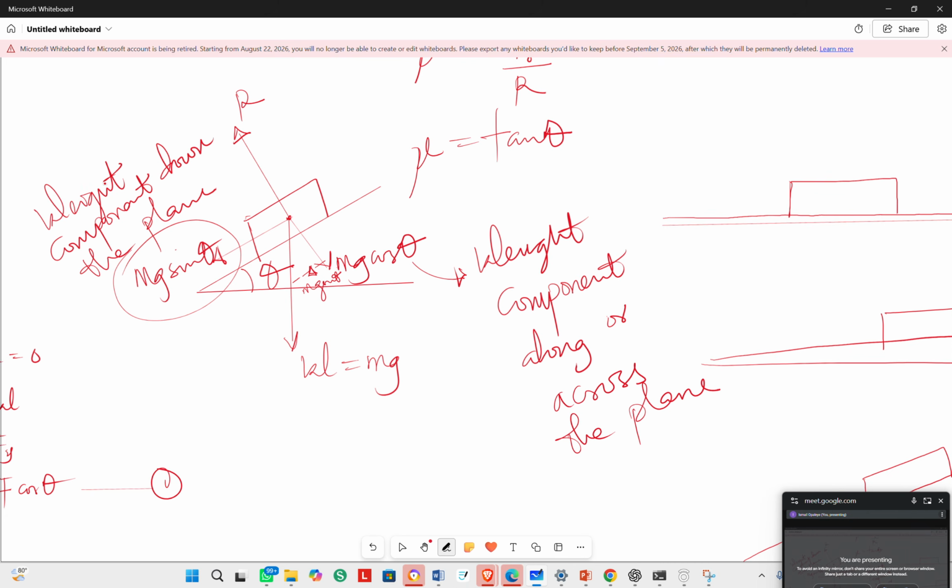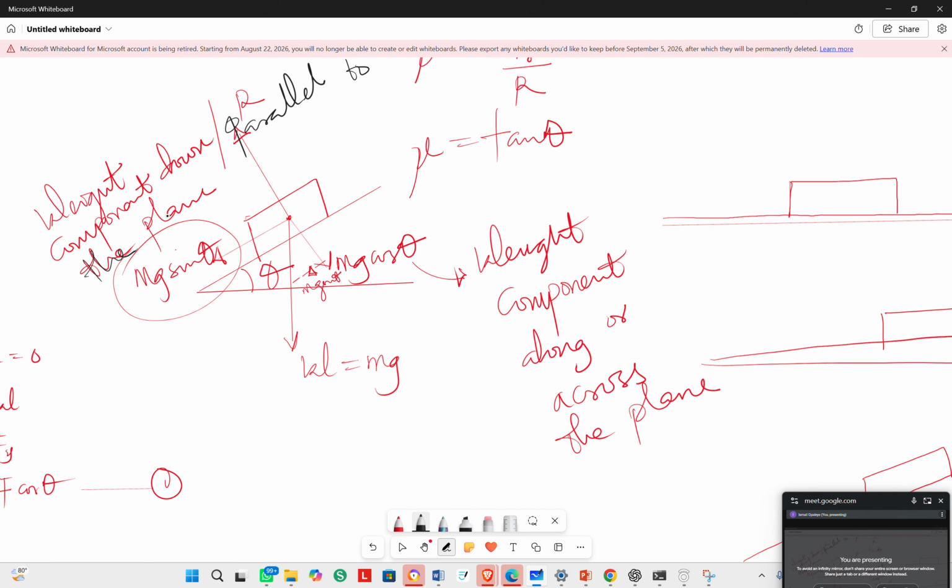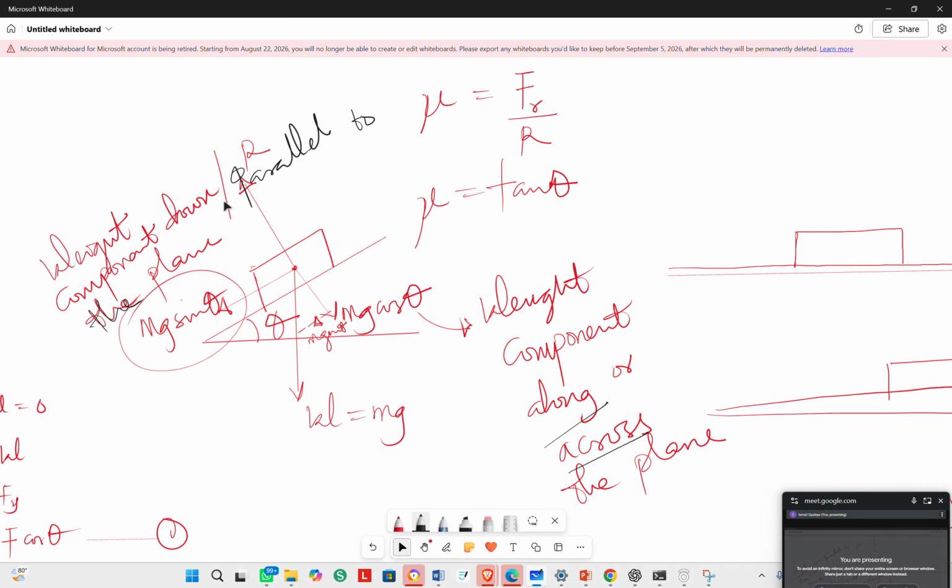So let me say that this one will be weight component down or parallel to the plane. Can you see that? And this one is weight component along or across the plane. So you must be able to distinguish the weight component down or parallel and the weight component along or across. Does it make sense?